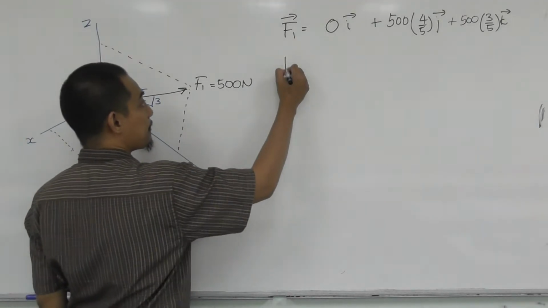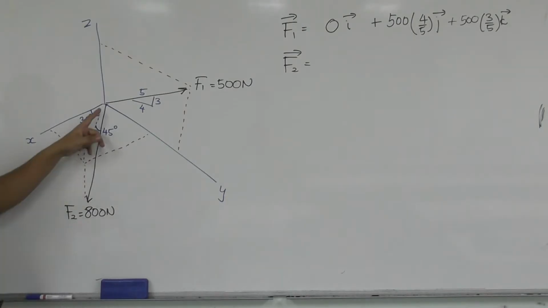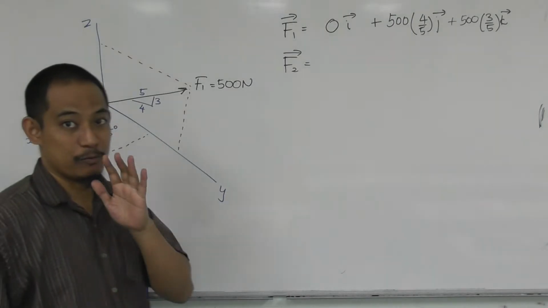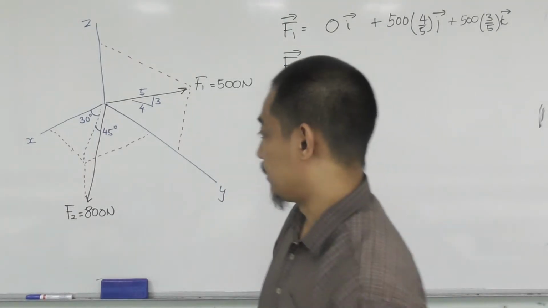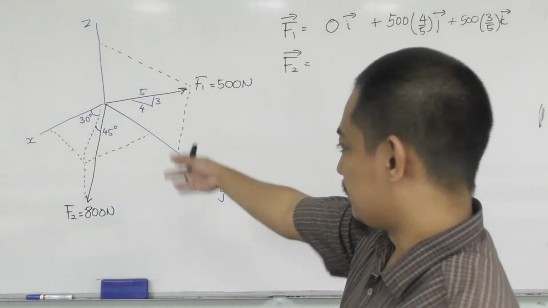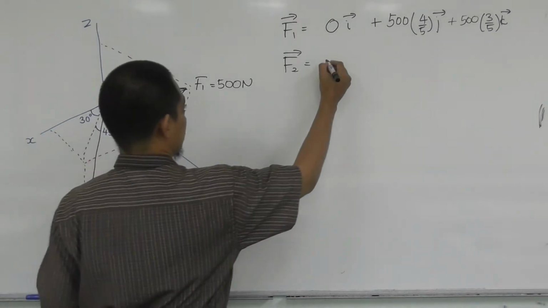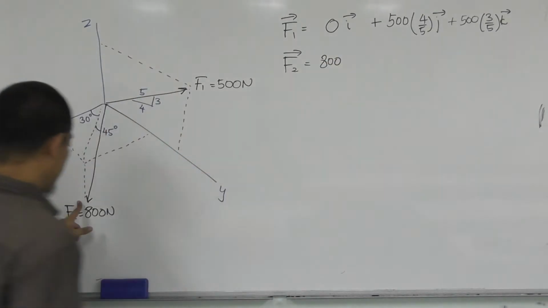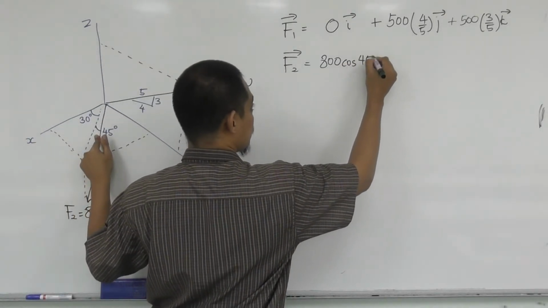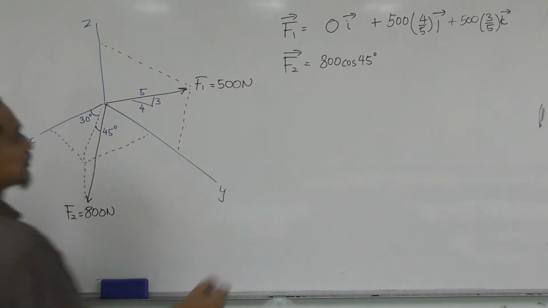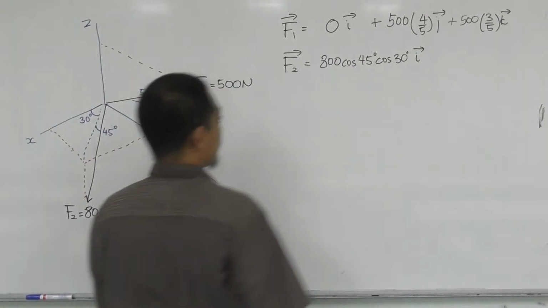What about F2? F2's X component is this one, right? So hopefully you have referred to the video on the trigonometry, and I'll just straight away write this one. If you write straight away, it will be 800 cos 45 cos 30 i positive, right?